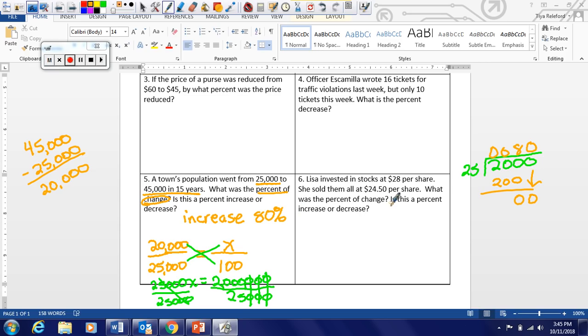First decide if it's an increase or a decrease, and then decide what percent.